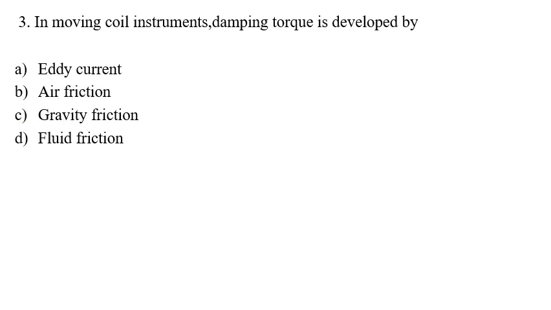So the third question is, in moving coil instruments, damping torque is developed by option A eddy current, option B air friction, option C gravity friction and option D fluid friction. We know that in moving coil type instruments, to produce the damping torque we need a strong magnetic field.